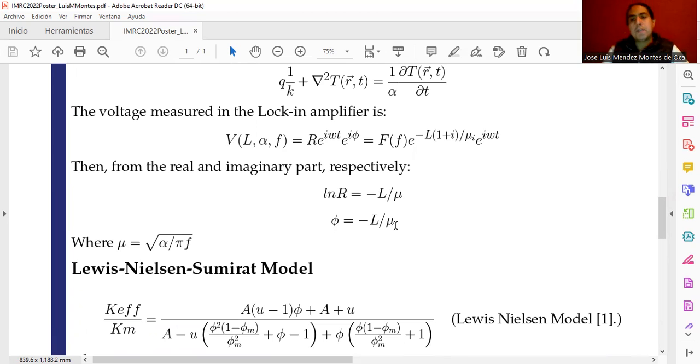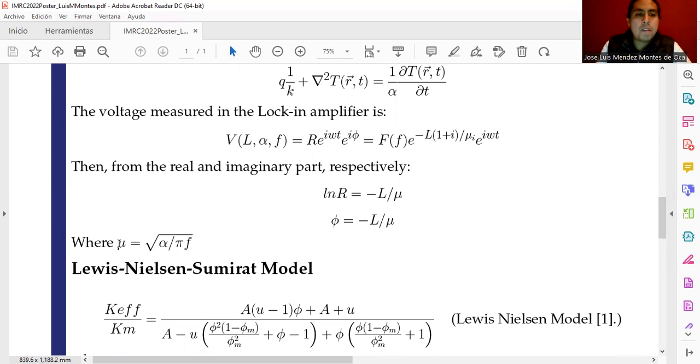The thermal diffusivity can be obtained from the slope of these linear equations, where the first equation can be linearized and the second equation is linear.